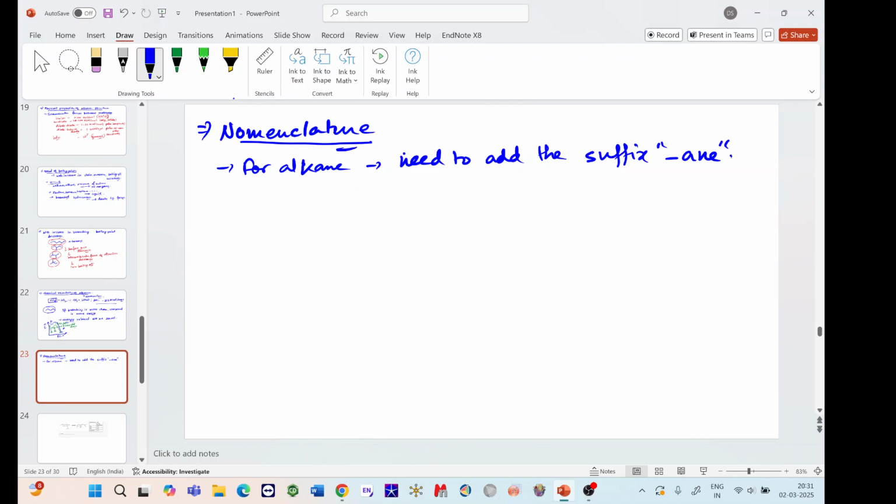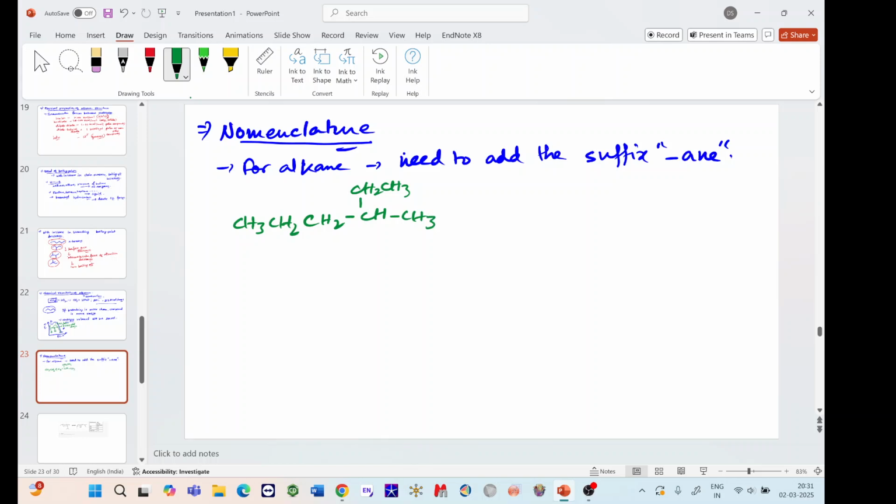Then if you have some chain like this, CH3, CH2, CH2, CH2, CH3, this is the branch, and then you have another CH3.